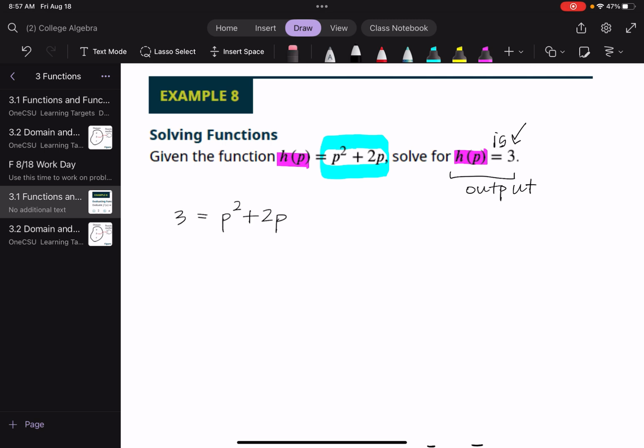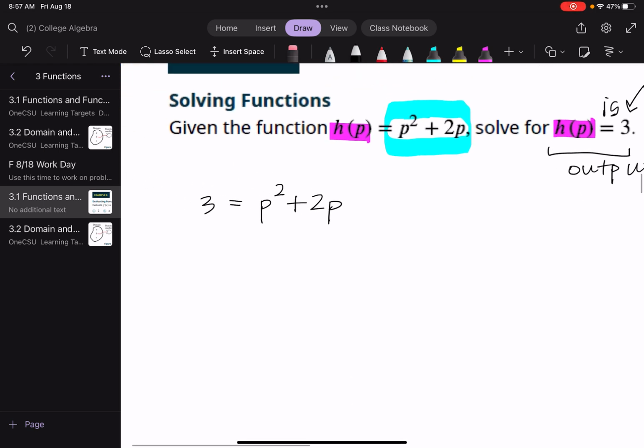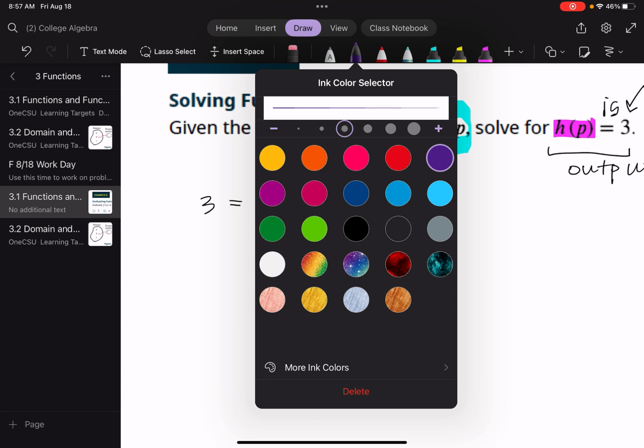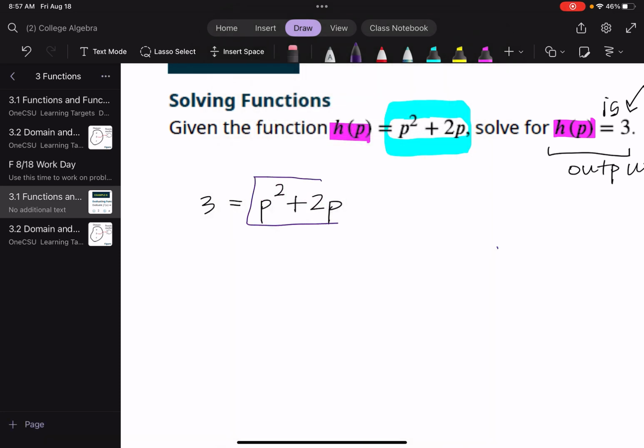Why am I not plugging in for p? Because it doesn't tell me what p is. That's what it wants me to find. So once I've plugged in the output for this particular question, I'm just going to go ahead and solve. Now this is a quadratic. And to solve a quadratic, we're going to use factoring or the quadratic formula.